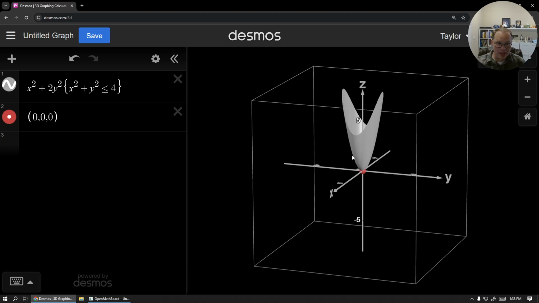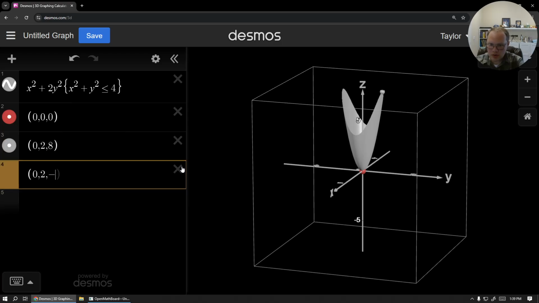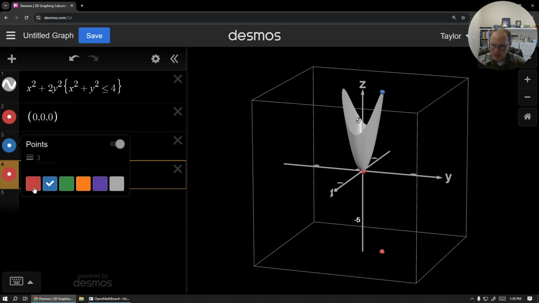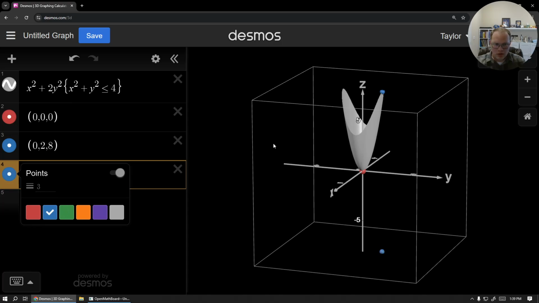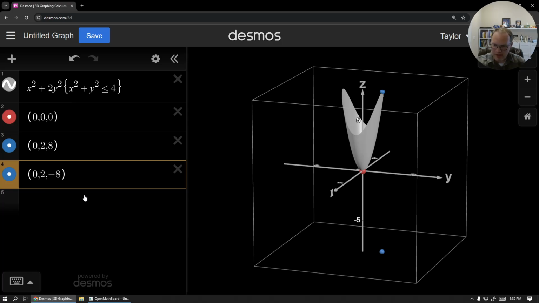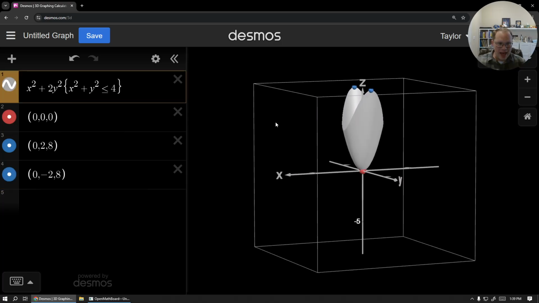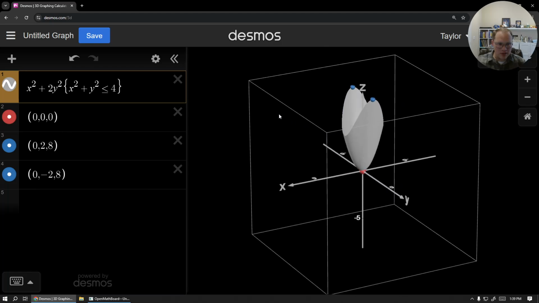Our absolute maximum was 8, and it occurred at 2 points. It occurred at 0, 2, 8, and 0, negative 2, 8. Let's make these blue. I'm sorry, I put the negative on the wrong value. 0, negative 2, positive 8. That's better. So you can see that really is the absolute maximum of this surface.